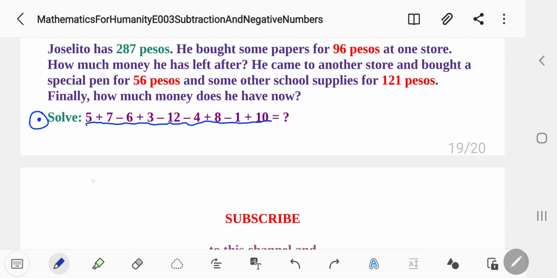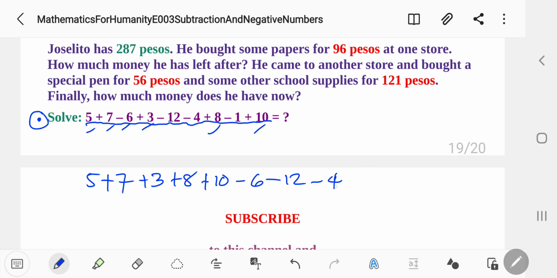So here you have 5 plus 7, and next to 7 you can write plus 3, and then plus 8, and then plus 10. Then after all the positive numbers, you write the negative numbers: minus 6, minus 12, minus 4, minus 1.